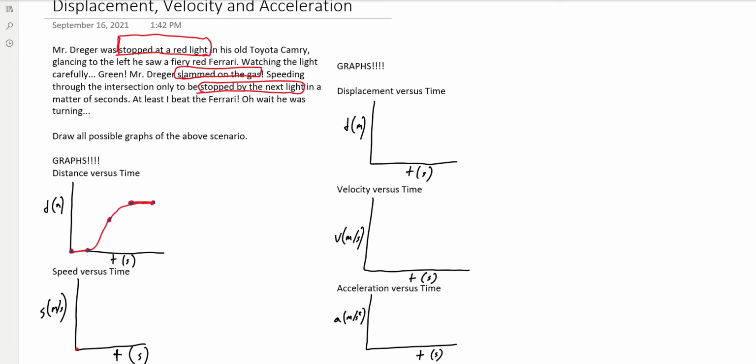If we're talking about speed, we're at a standstill at the beginning. Then the speed accelerates in a straight line until the point at which I have to slam on the brakes, in which case it comes right back down, and then it goes straight across to the end.